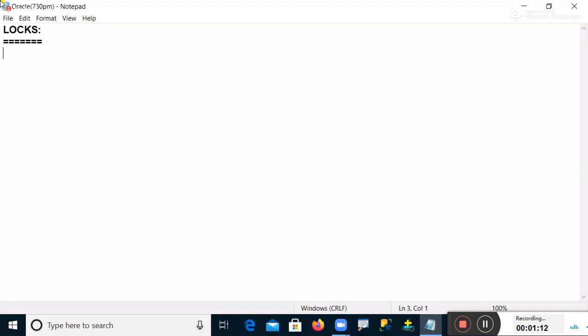Every database internally maintains this logging mechanism, guys. And what is the purpose of logs here? With the help of this logging mechanism only, your databases are going to be maintained properly.